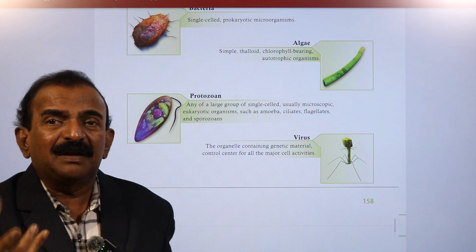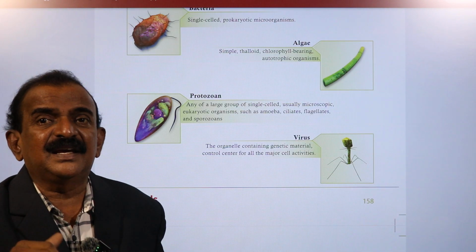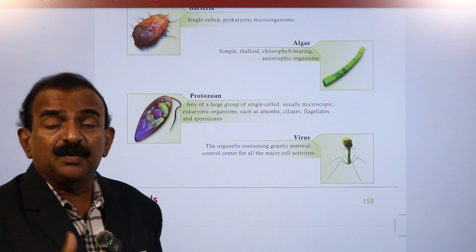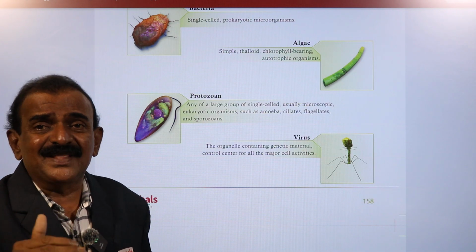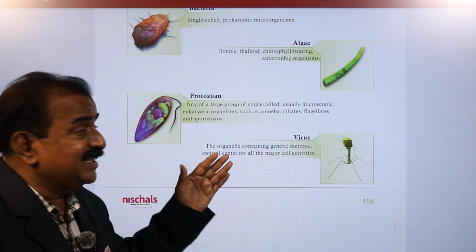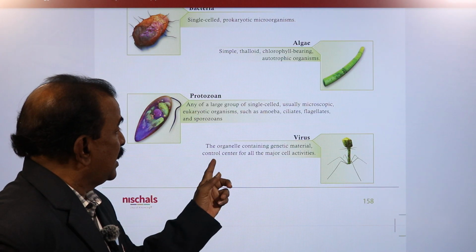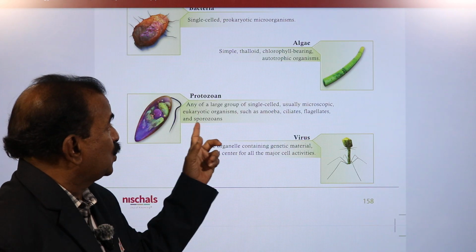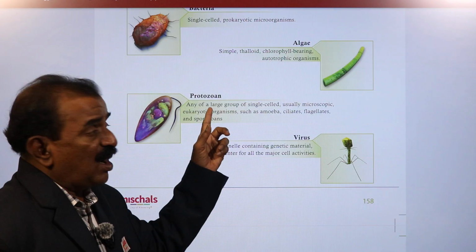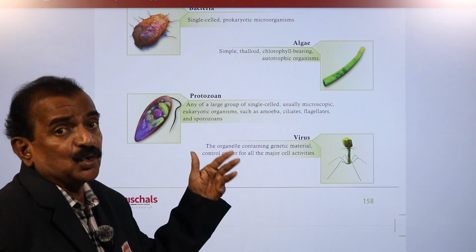If a nuclear membrane is present around the genetic material, that is called a eukaryote, and prokaryotes do not have a nuclear membrane, and the genetic material floats in the protoplasm. So that is the difference between eukaryote and prokaryote. So here, any large group of single-cell, usually microscopic eukaryotic organisms such as amoeba, ciliates, flagellates, and protozoans.